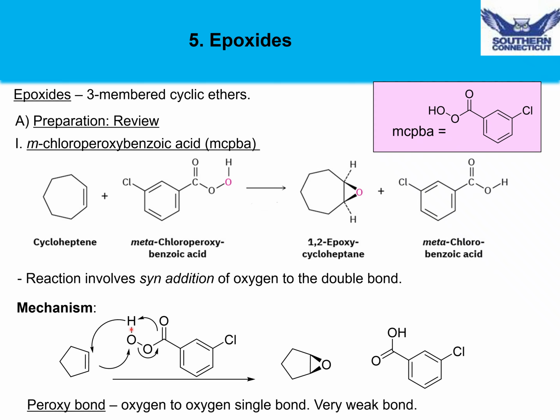And then lastly, the electrons from the hydrogen to oxygen bond will be moved to attack the developing carbocation. That essentially forms two bonds between the outer oxygen and two different carbons, from this electron movement and the last electron movement. And then once again, the byproduct is metachlorobenzoic acid.